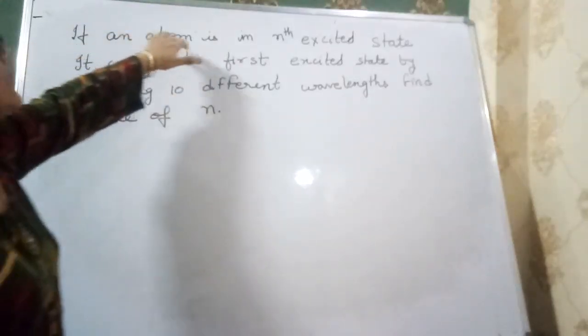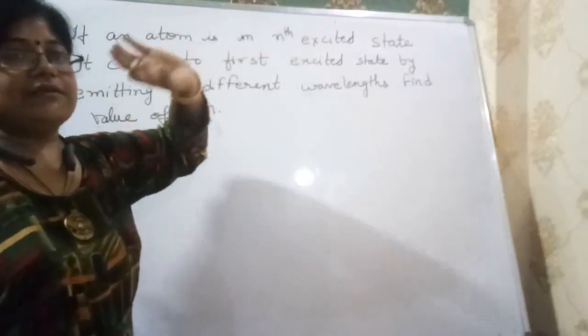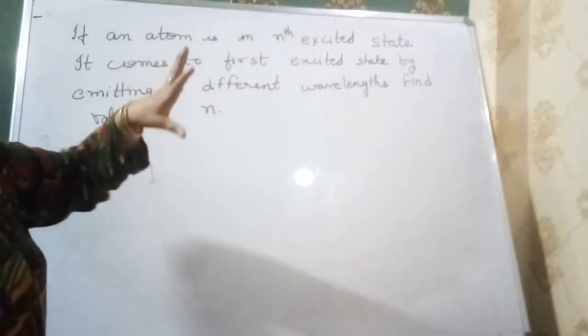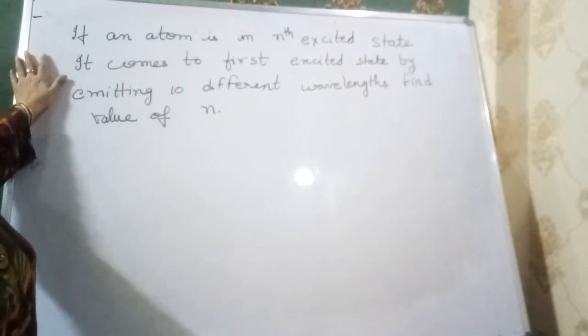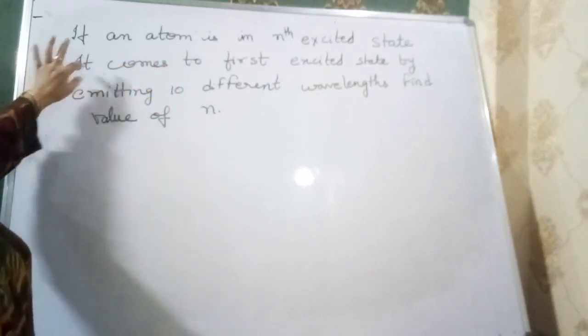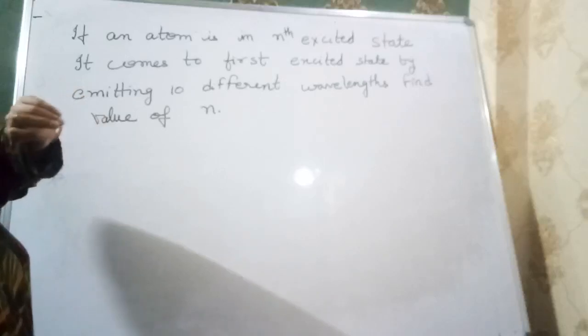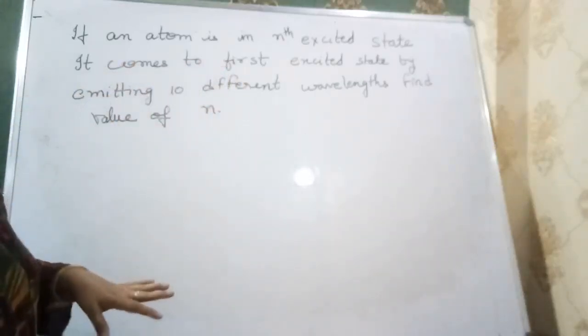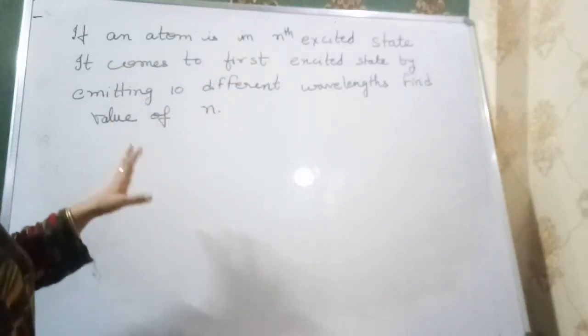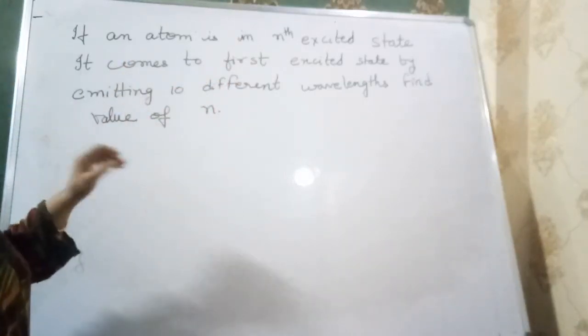Now, just read. If an atom is in the nth excited state, for example, there is an atom in the nth state, it comes to the first excited state and it emits 10 different wavelengths. Find the value of n.